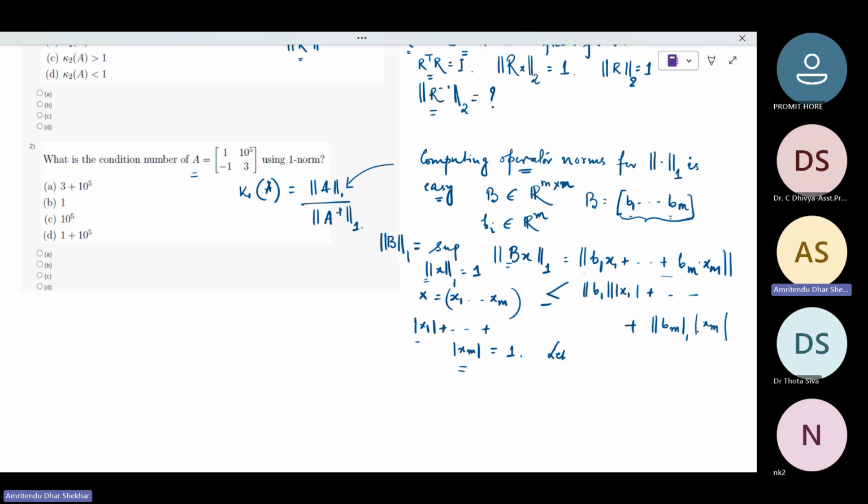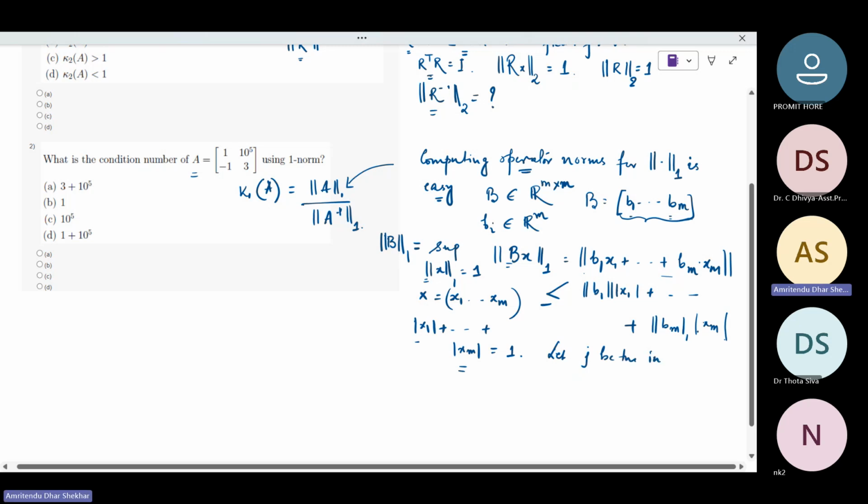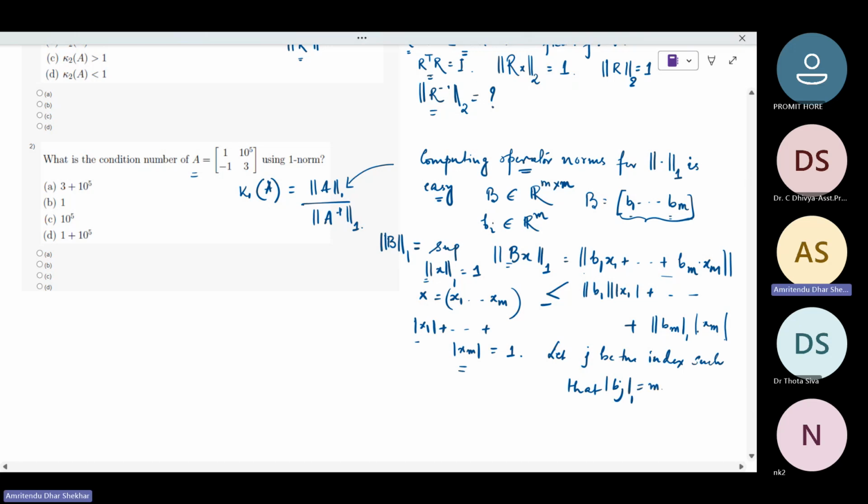So let j be the index such that the norm of bj is equal to the max of these.